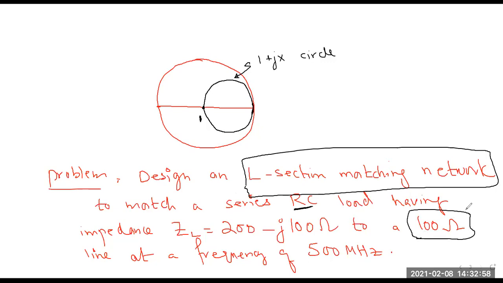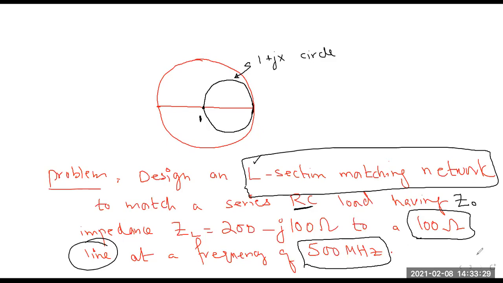This 100 ohm is basically Z0 of this line. Because in an L network we ultimately use capacitors or inductors, we can find their values once we specify the frequency. The design frequency for which we are designing our matching network is 500 megahertz.